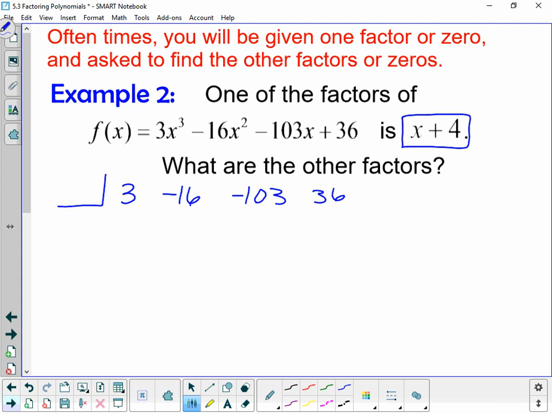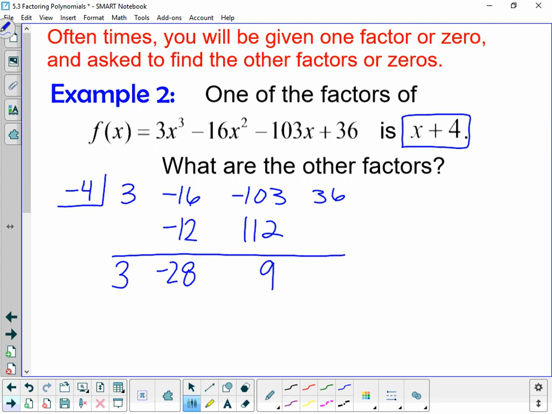And since we're dividing by x plus 4, we will use the 0, -4. So we drop it down, we multiply it, and we add it up. And we multiply it. -28 times -4, 112, and we add that column up, and we get 9, and we multiply and put it in the next column, and we add that column up.